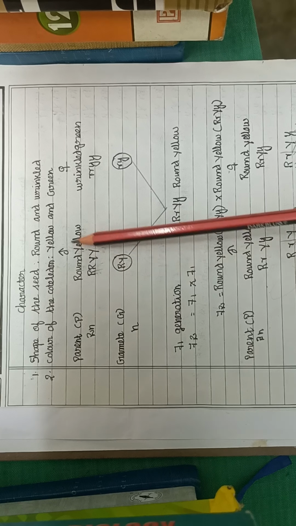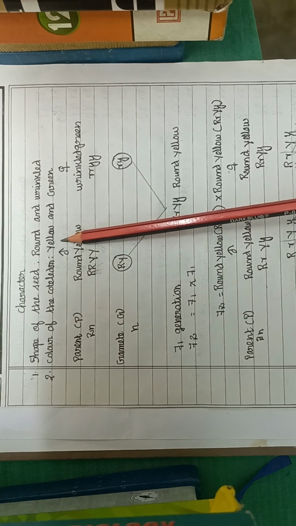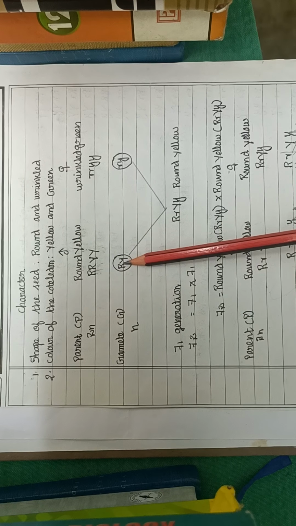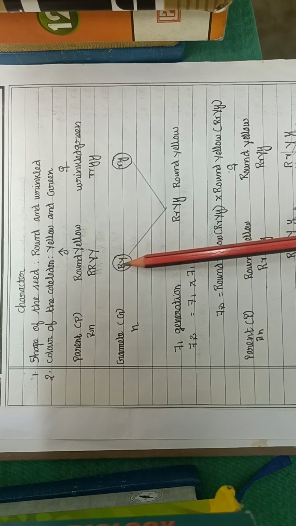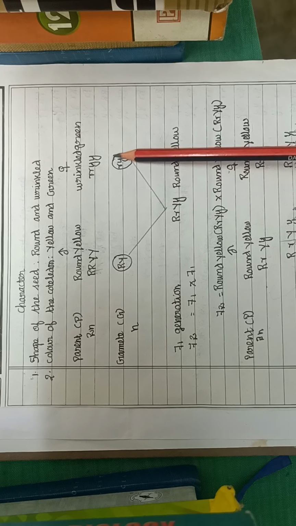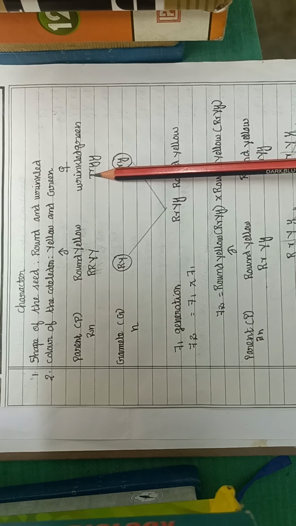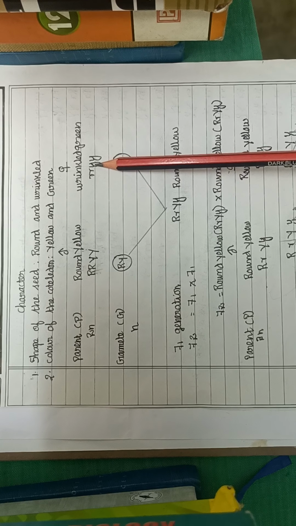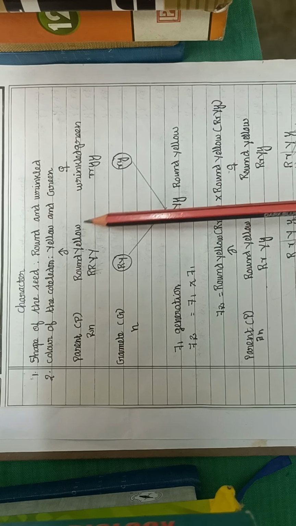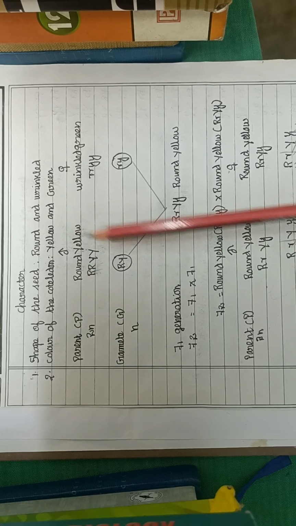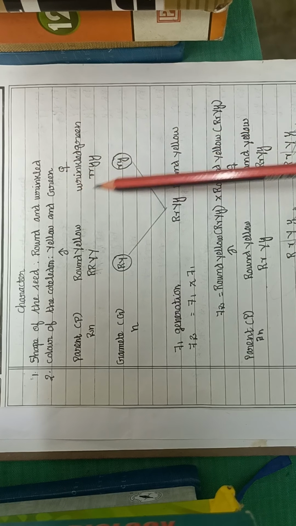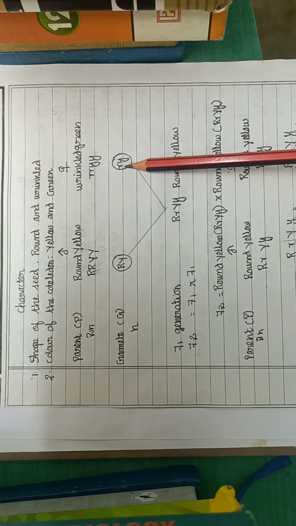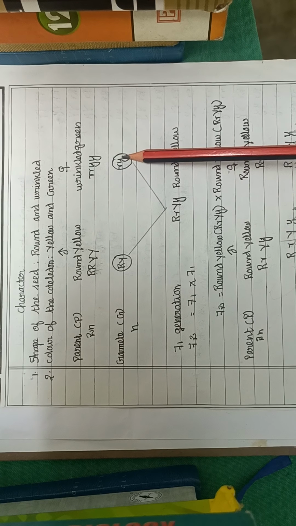And you can see, children, this male plant is producing gamete with capital R and capital Y. This female plant is producing gamete with small r, small y. That means the male parent is producing gamete with capital R, capital Y. The female parent is producing gamete with small r, small y.